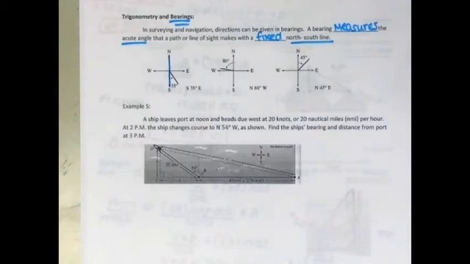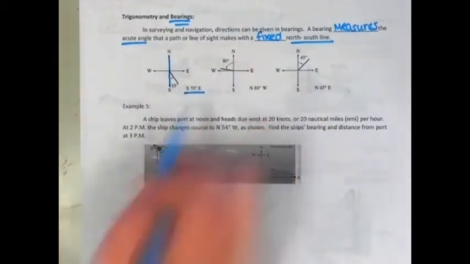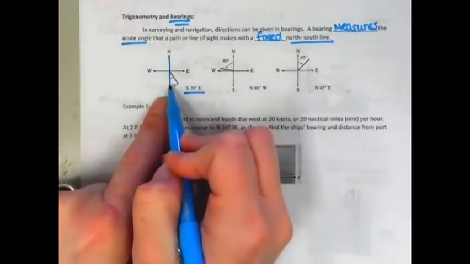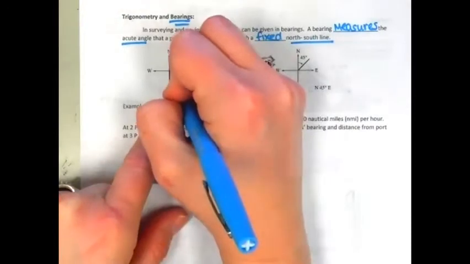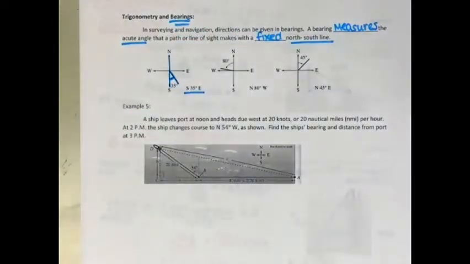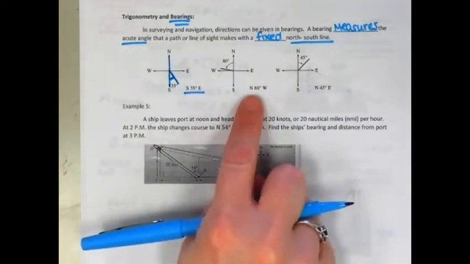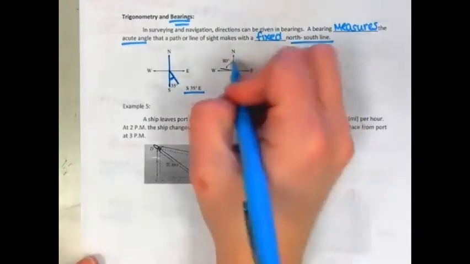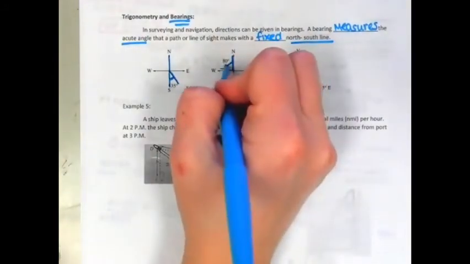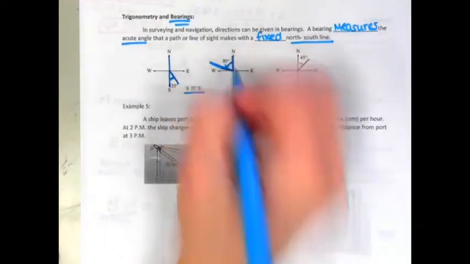So if I say it's south 35 east, it's the angle from the south, so my y-axis, going towards the east. So it's 35 degrees from the y-axis to that terminal side. For north 80 degrees west, we go to the north, which is the y-axis, and then we go 80 degrees west to form that terminal side.